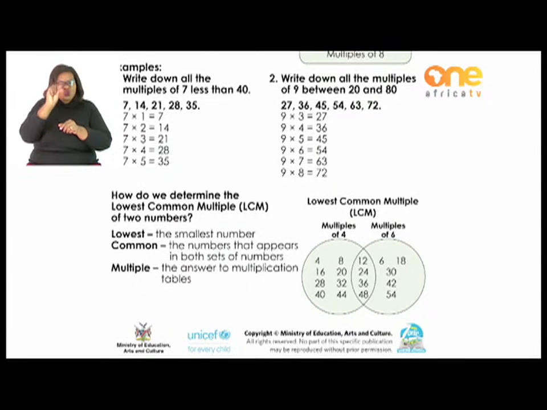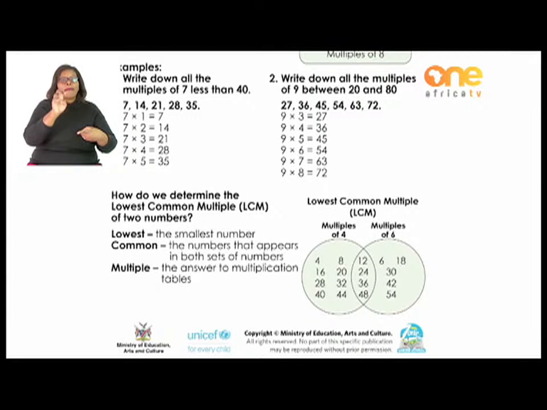Common means the number that appears in both sets of numbers. And multiple is the answer to a multiplication table.